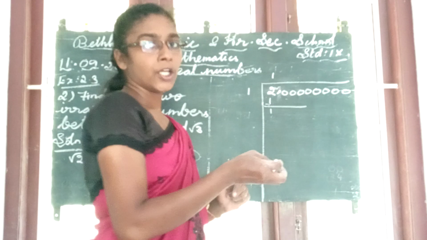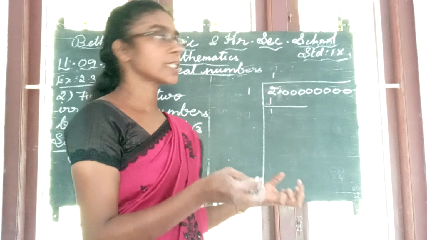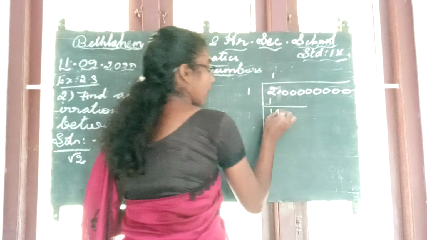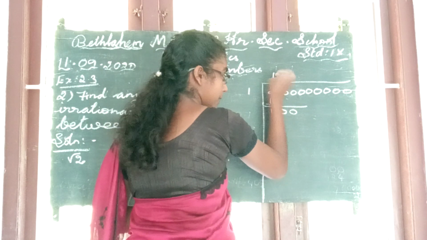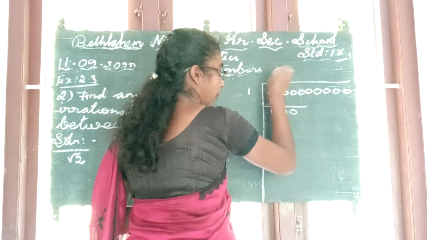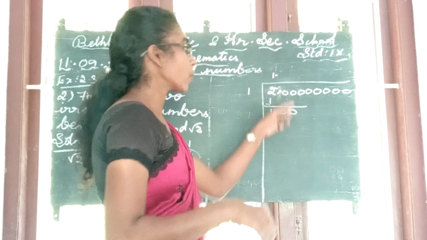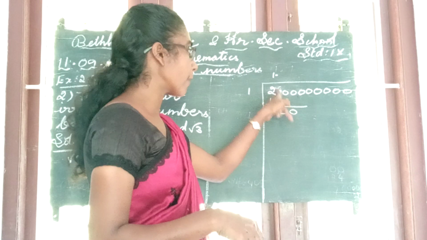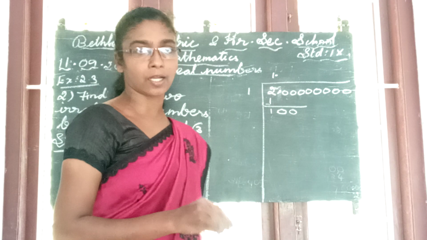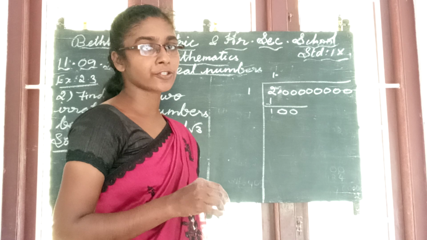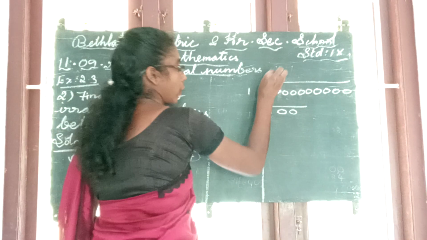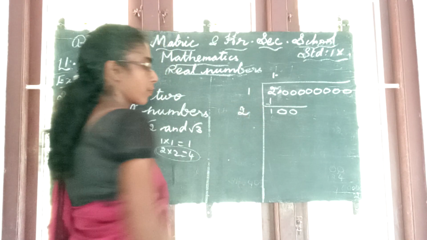Next, you have to take 2 digits down. Taking 2 digits down means, here putting the decimal point, after the decimal point only 0 is there. So after putting the decimal point, afterwards take 2 digits. Now 100. The next step, what do you have to do? You want to multiply 1 into 2. 2.